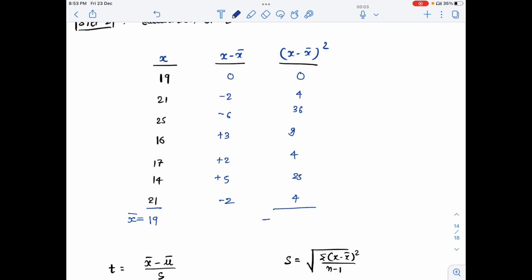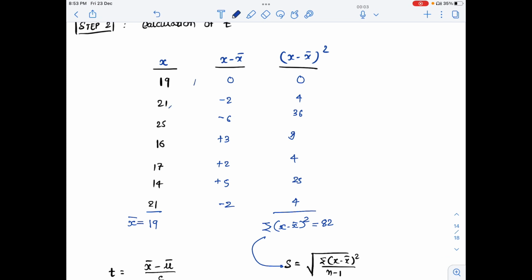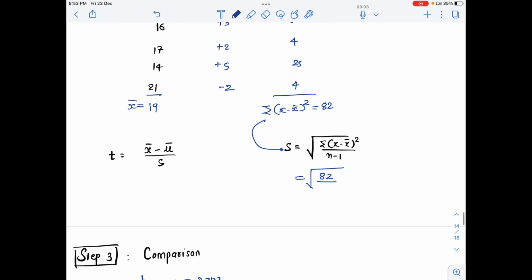The total of it is called sigma of x minus x bar square, which is 82, and we will put this in the formula of standard deviation: 82, and in total we had 7 observations, so 7 minus 1, so 82 upon 6 under the root, which is around 3.7.